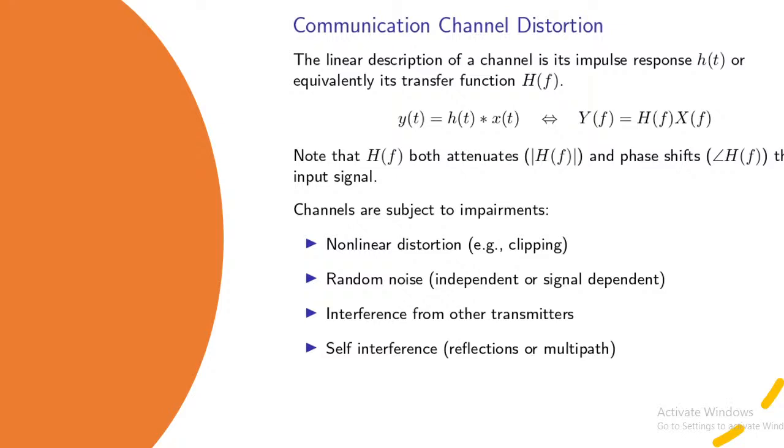Suppose x(t) is a signal which is being transmitted via a medium called the channel, and it is received as y(t). x(t) is the input signal, the message signal, and y(t) is the received signal. y(t) will usually not be an exact replica of x(t). That is what is called distortion.